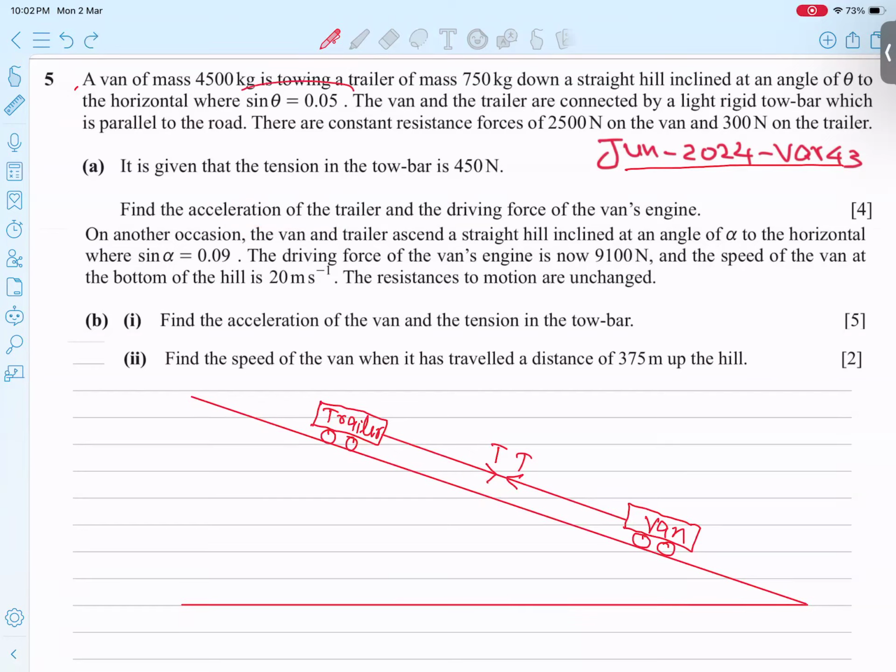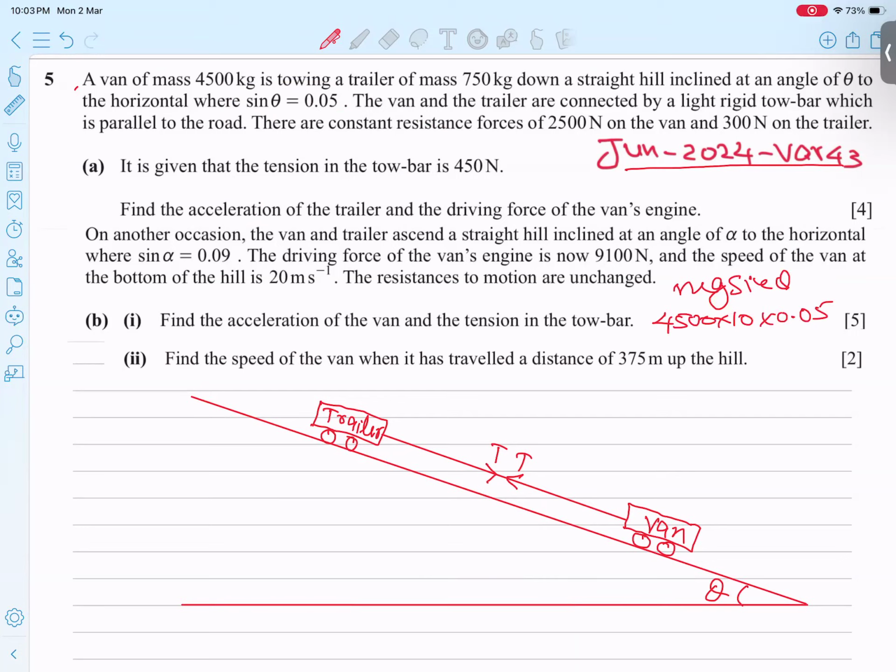Second, sine theta is given here as 0.05, so I'm using this angle theta. The mass is this one. What is the formula? Look now, mg sine theta. So mg sine theta, m is 4500, gravity is 10, and sine theta is 0.05.